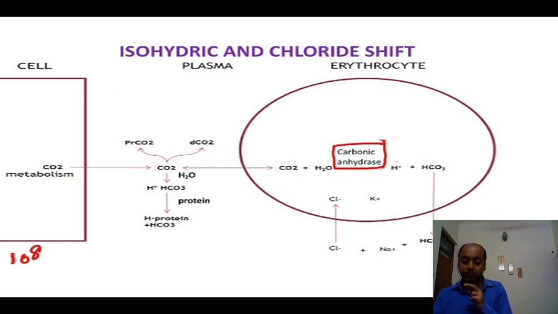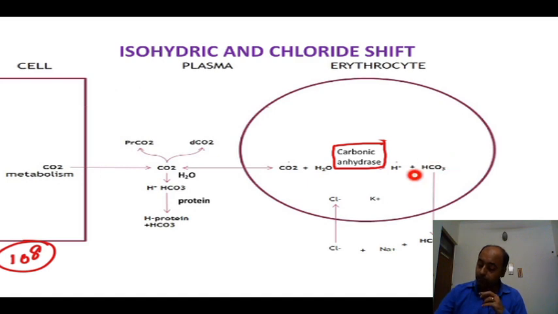It increases the rate of reaction by 10 to the power 8, 100 million times, so that quickly the majority of the CO2 will combine with water and give us carbonic acid, which dissociates immediately to form H plus and HCO3 minus. This HCO3 minus is exchanged with chloride. The HCO3 minus will go out, the chloride will come in.